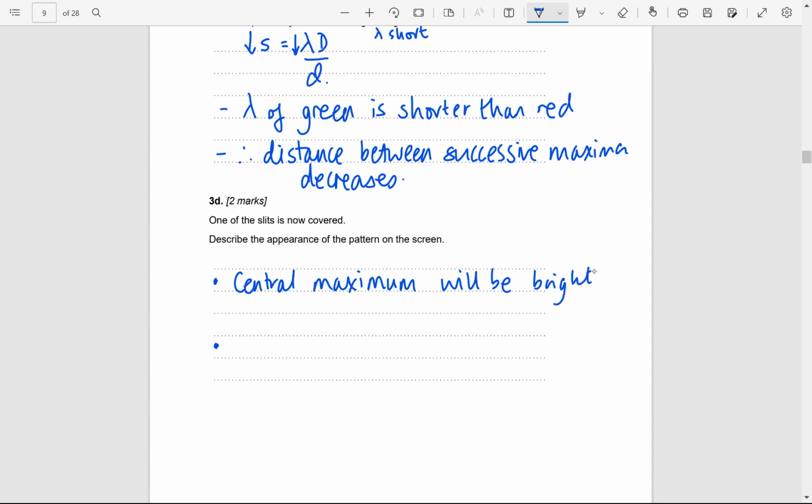So the central maximum will be bright, and then the maxima either side will be dimmer. All right, so the central maximum stands out with dim maxima either side.